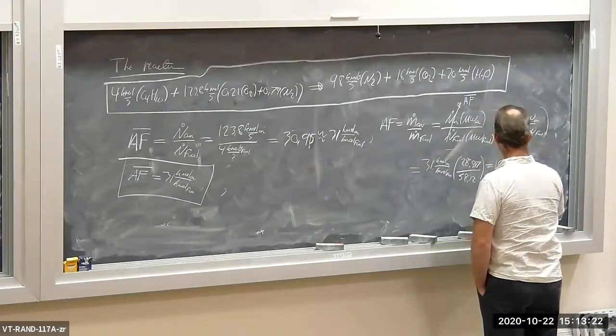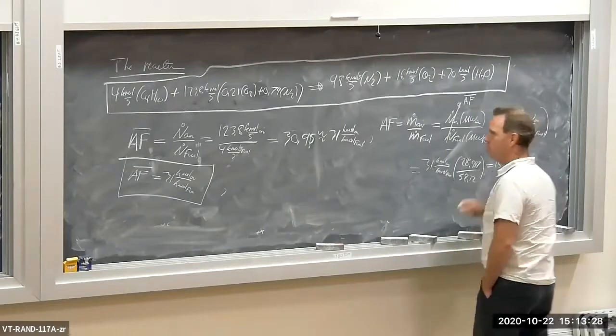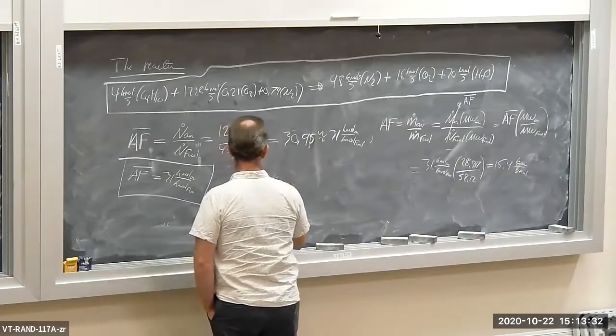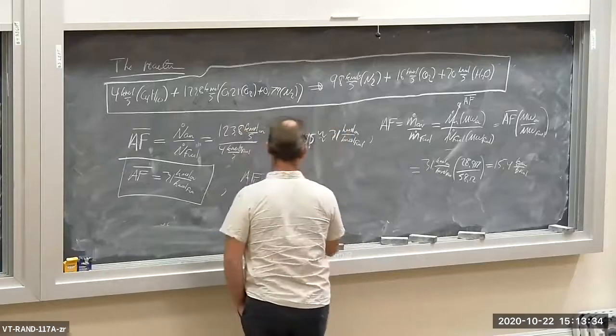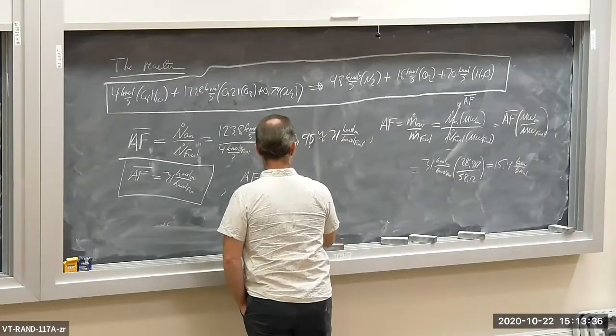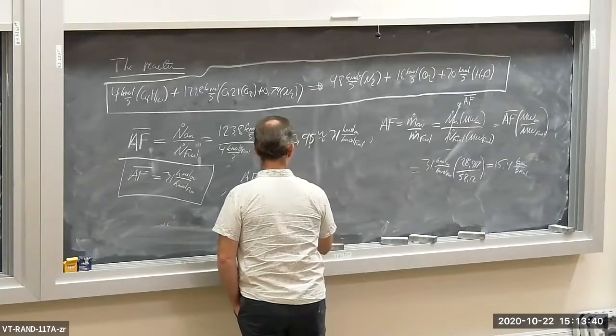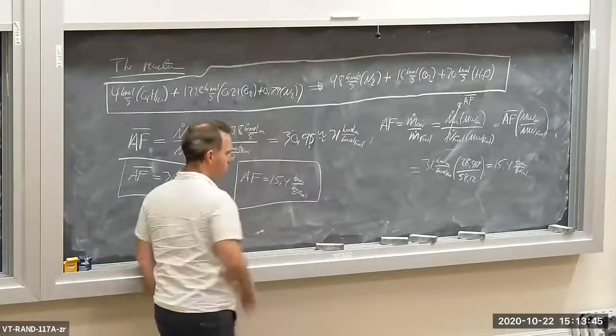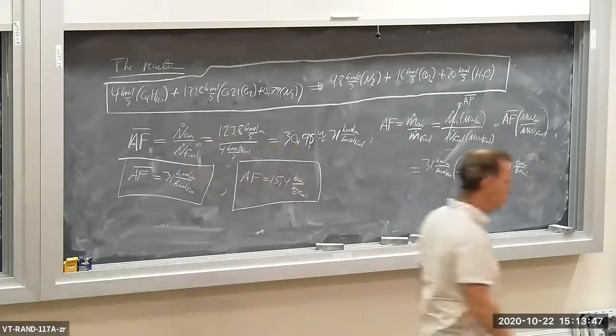And the unit there is kilogram of air per kilogram of the butane fuel. So air-fuel ratio, 15.4, kilogram of air per kilogram of fuel. Okay, there we go. There's our air-fuel ratios.